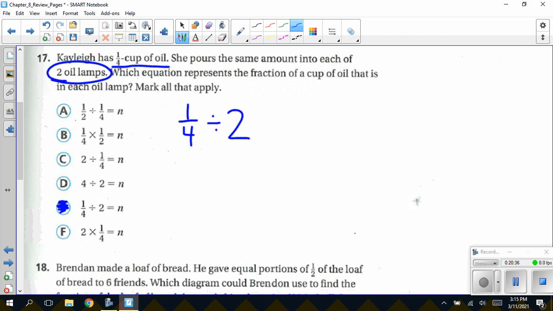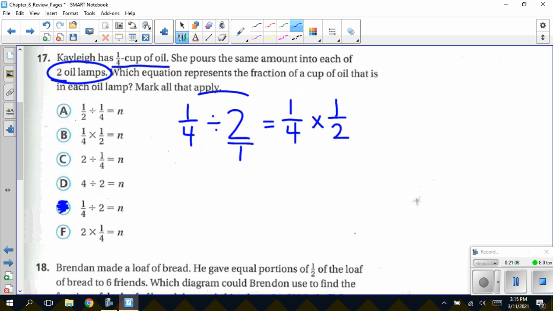Now because it is a mark all that apply, I also have to make sure I know what the multiplication problem is. So if I wanted to solve this, I know that my first number stays the same, so my 1/4 stays the 1/4, times, and then I have to flip the second number. Remember, my second number is 2/1 technically, so when I flip that, or take its reciprocal, I now have 1/2.